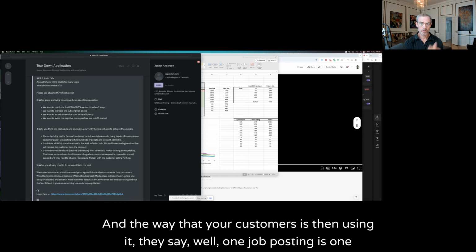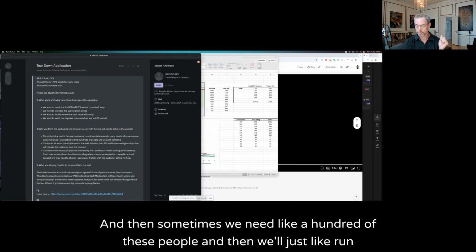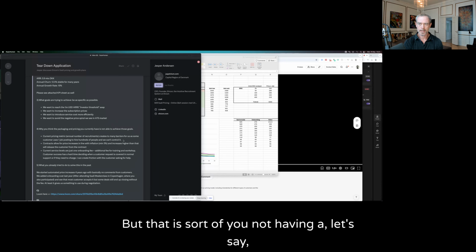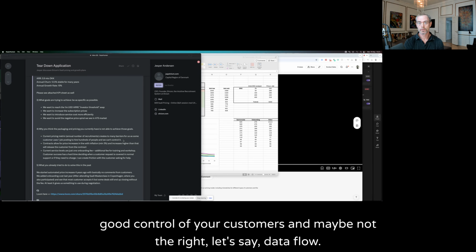And the way your customers are using it, they say, well, one job posting is one job posting, and then sometimes we need like 100 of these people, and we'll just run them through that one job posting and fill all those positions. That's great. But that is sort of you not having good control of your customers and maybe not the right data flow.